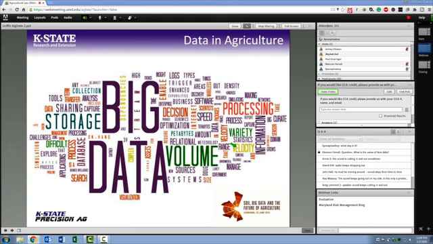Think of it this way: if we're beginning harvest season and we have a big data industry in agriculture, think about how much bigger the data set gets every day during harvest, when there are hundreds of thousands, maybe even millions of acres being harvested in any given week. It's sort of like drinking through a fire hose. It's high velocity. I just want to point out a few of those terms as we move forward in the presentation.